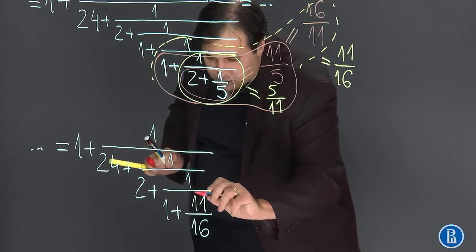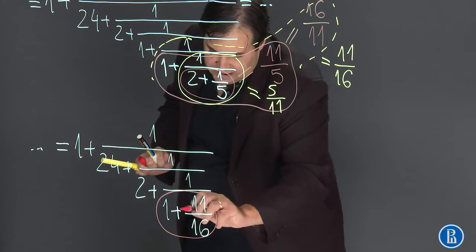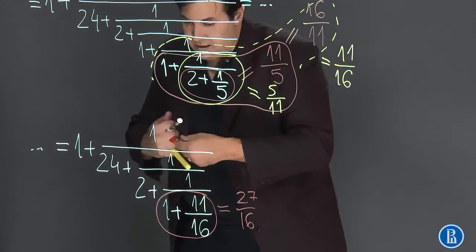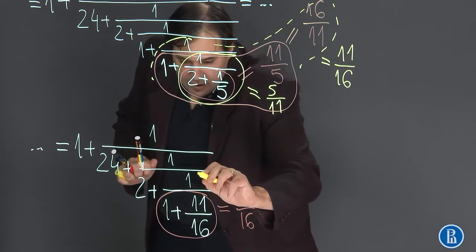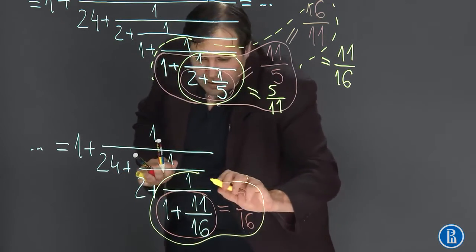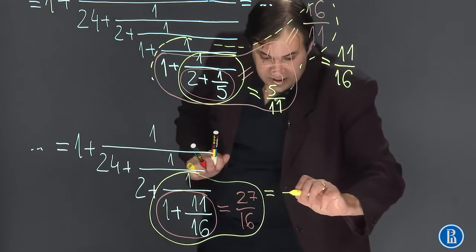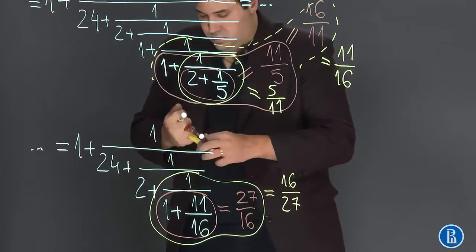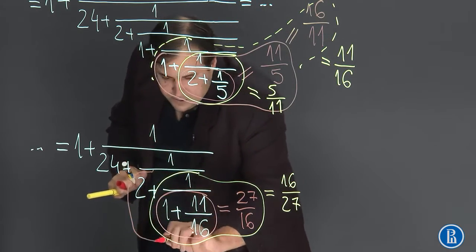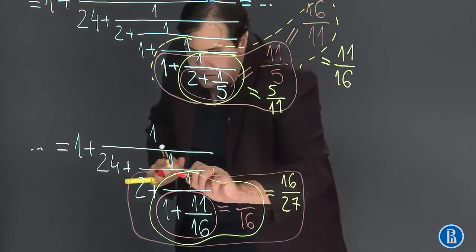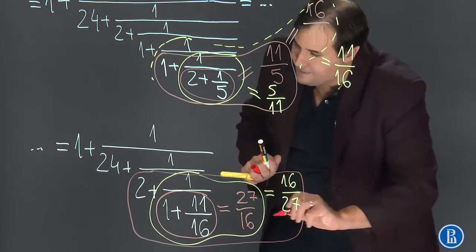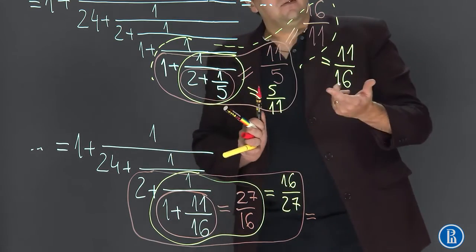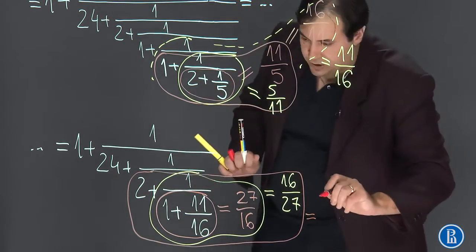And now turn this into 16 plus 11 is 27 over 16. This means that this is equal to 16 over 27. And when we add 2, we will have 2 plus 16 over 27. 2 times 27 is 54, plus 16, it's 70 over 27.